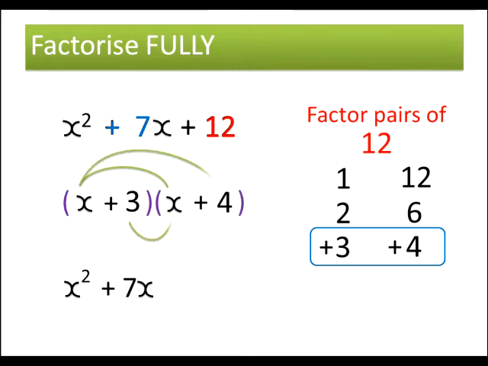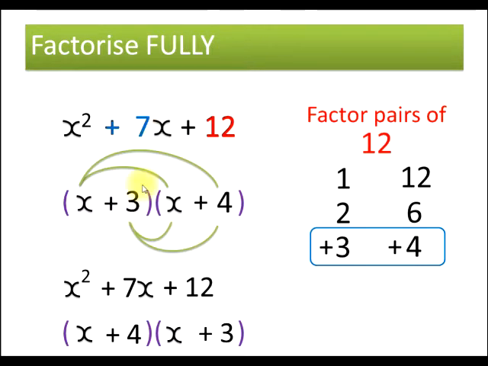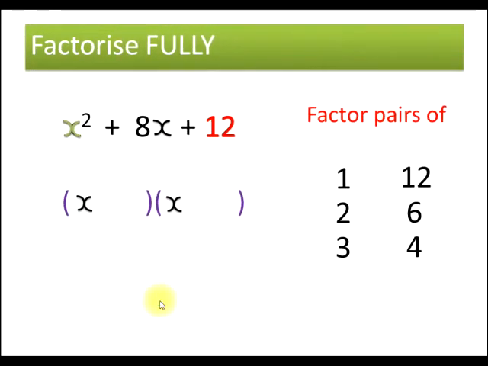So x squared, 4x and 3x will give me 7x, and 3 times 4 will give me 12, so I know I'm right. If you prefer not to use this method and use the grid, the box, then do so, but always check that your answer is the question. And like I said, this is still the same answer, just pop the brackets around the other way, it makes no difference.